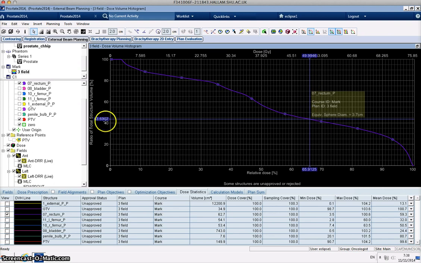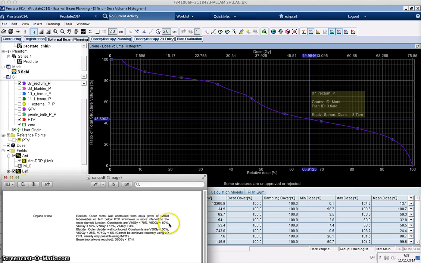We can see that's 44% of the rectum getting 50 Gy or more, and the tolerance is 60, so again we're in tolerance with that. We would work our way through these lists of constraints to see if we're meeting them, and I'll leave you to have a think about how you would do that for the rest of them.